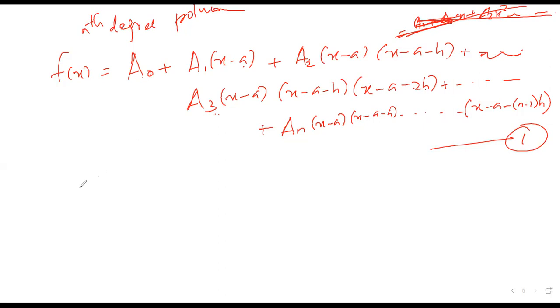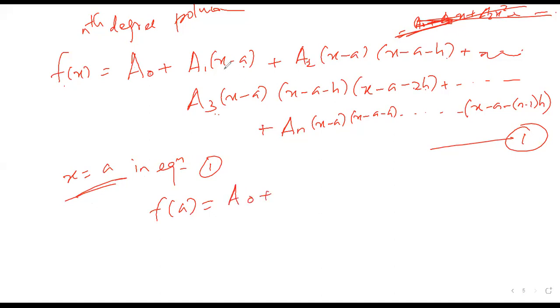So now put x equal to a. If you put x equal to a, what do you get in equation 1? The LHS part is f of a. On the RHS, nothing happens to a naught.